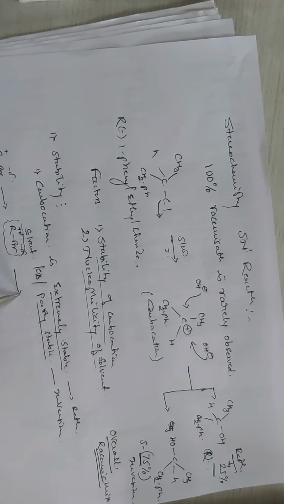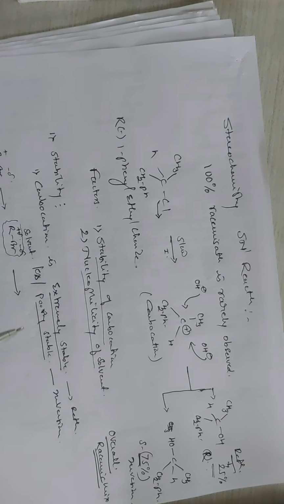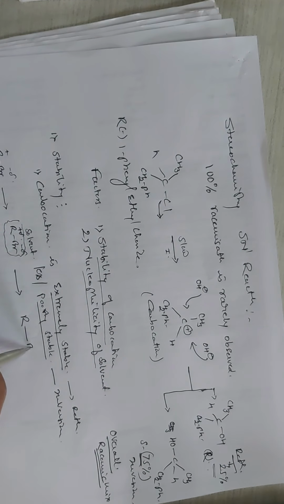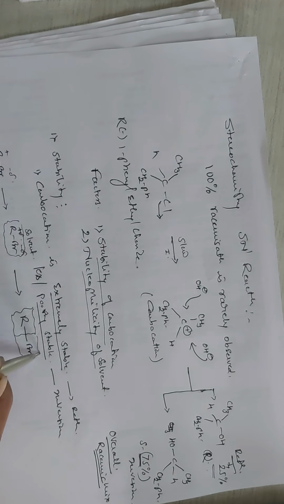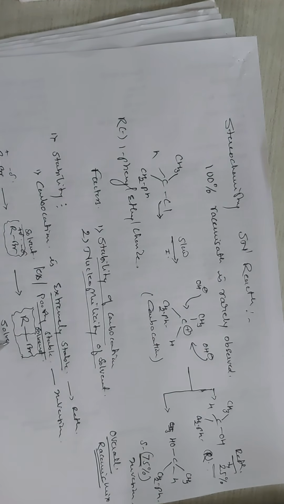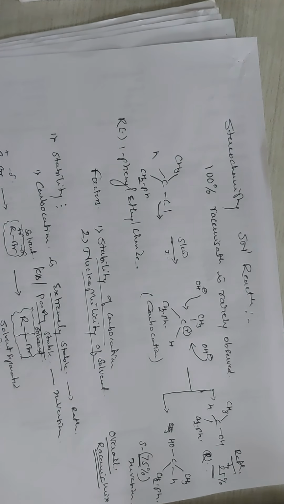As the solvent surrounds this substrate molecule, it starts breaking the C-Br bond, and the solvent separates these two ions, giving a solvent separated ion pair.